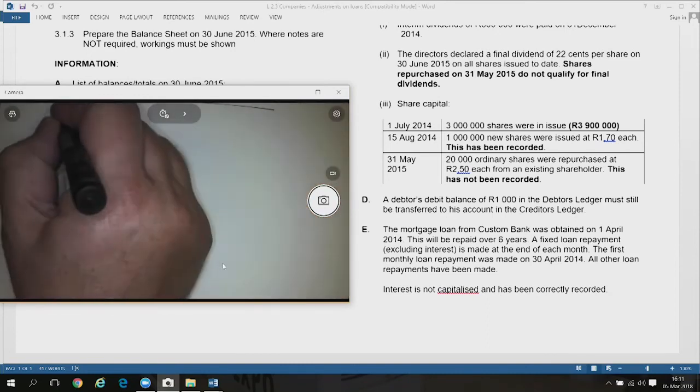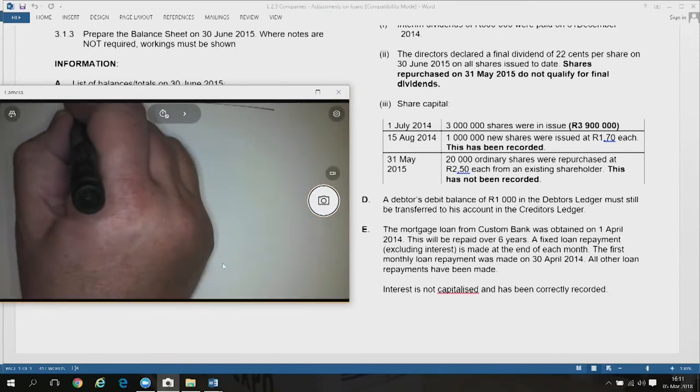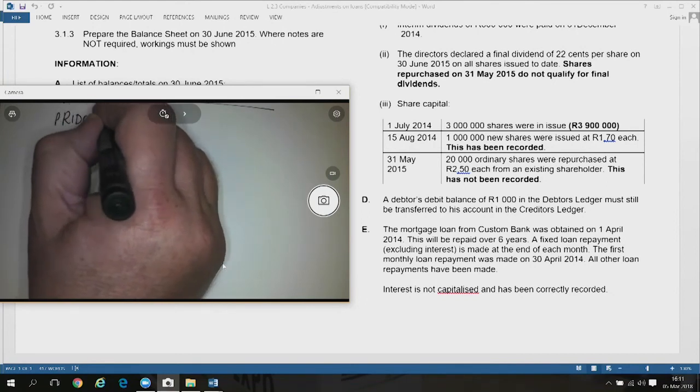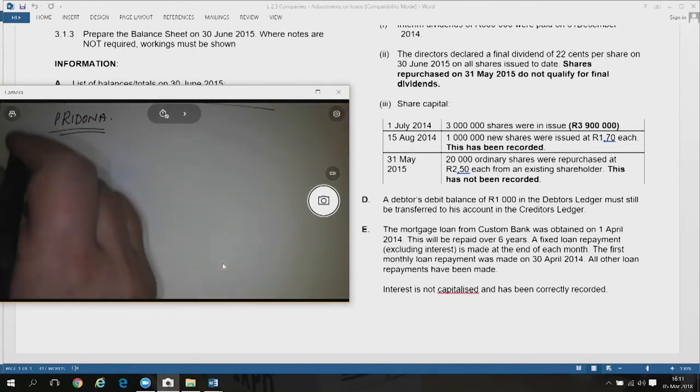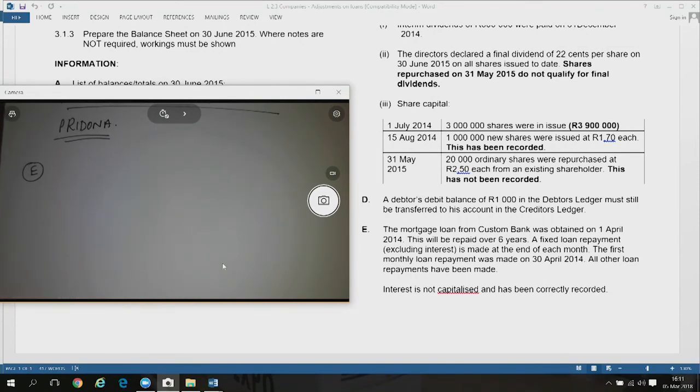This is Predona. We did a lot of Predona in the previous lesson. I just want to show you E. Please concentrate, because I know sometimes these loans can be so challenging.